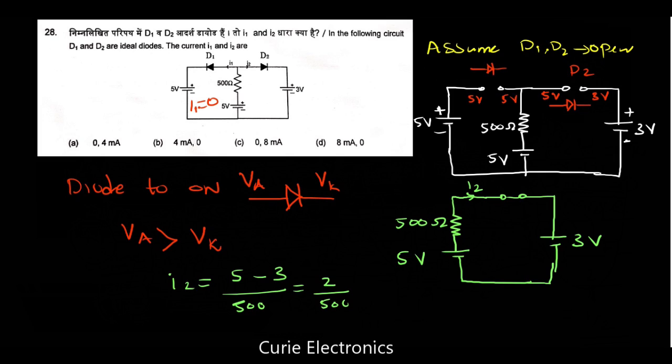So we can write this as 2 upon 5 multiplied by 1 upon 10 to the power 2, which equals 0.4 into 10 to the power minus 2. That means 4 milliamps is the right answer. So it is going to be option A: I1 equal to 0 amps, I2 equal to 4 milliamps. Option A is the right answer.